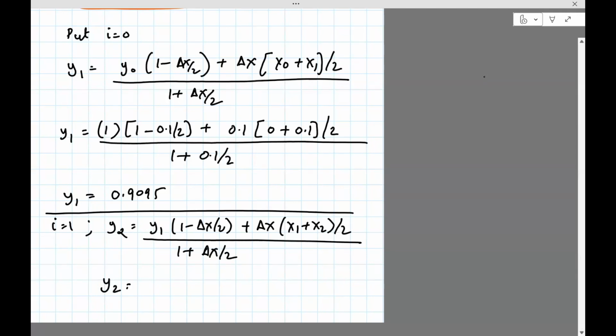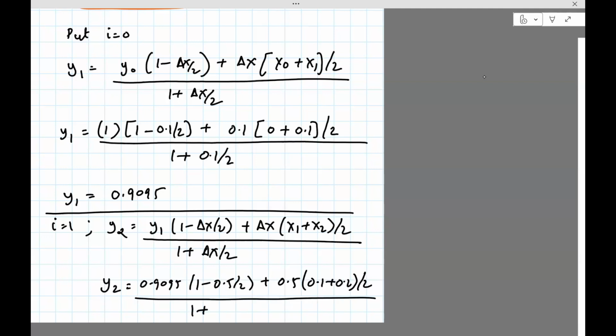So y2 will be y1, which is 0.9095, times (1 minus 0.1 divided by 2), plus 0.1 times (0.1 plus 0.2) divided by 2, the whole thing divided by 1 plus 0.1 divided by 2.